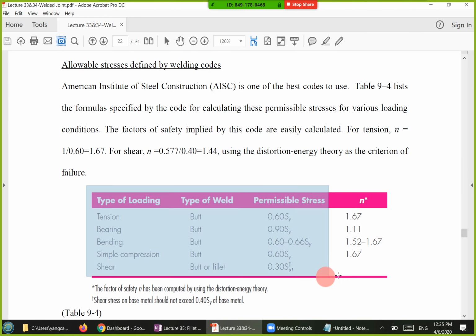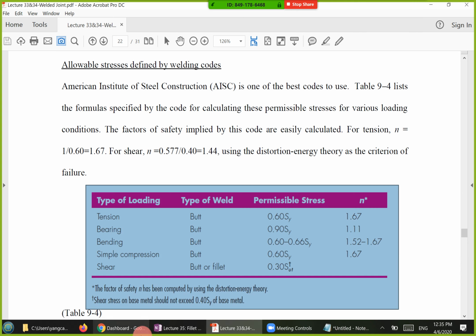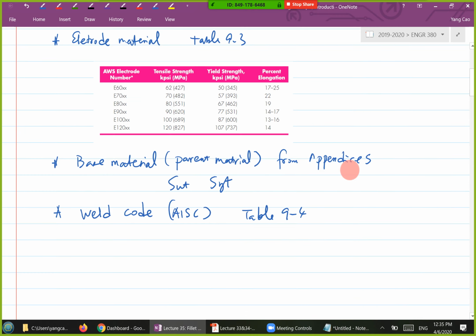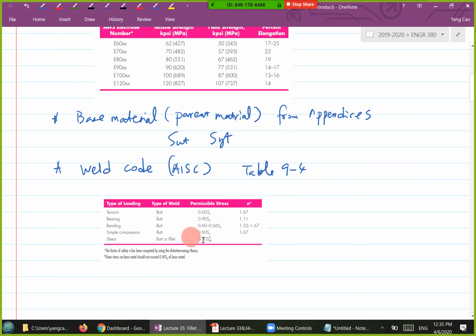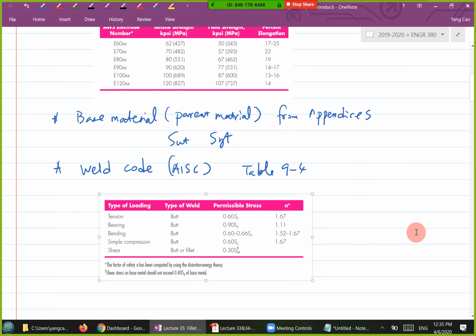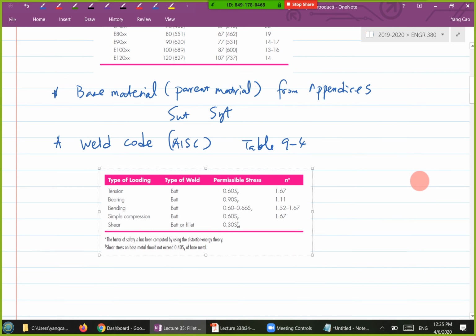This is 9-4 here. For this welding code, they refer to different types of weld, but in our case, since we're going to mainly focus on the fillet weld, we'll look at this column here, right?